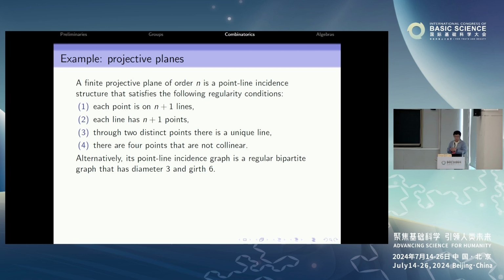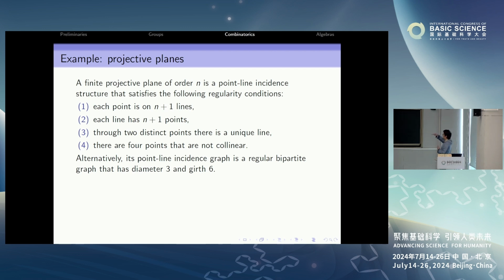For instance, projective planes. A projective plane of order n is a point-line incidence structure that satisfies the following regularity conditions. First, we have two different types of objects, which are respectively called points and lines.